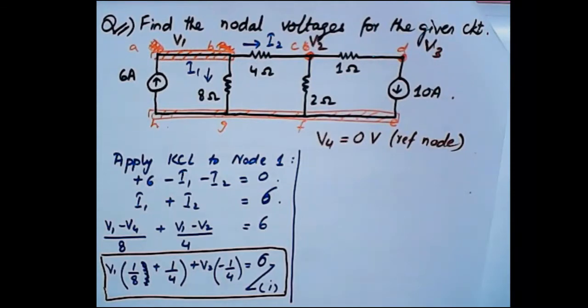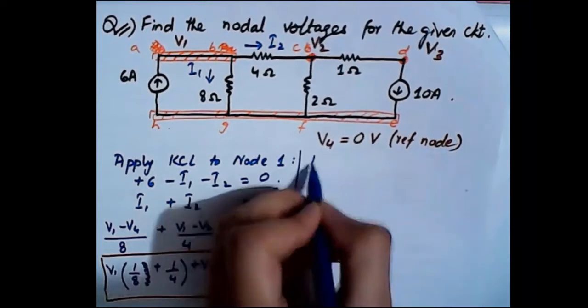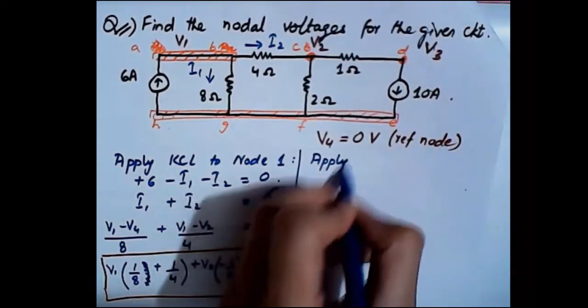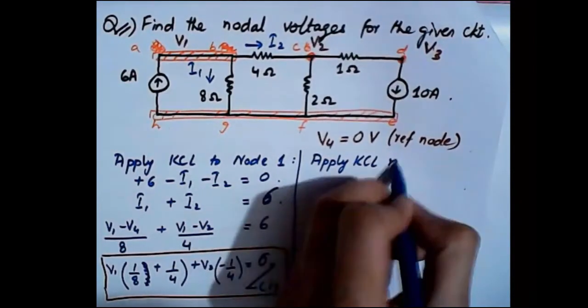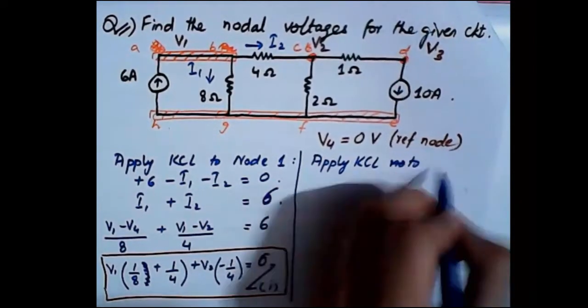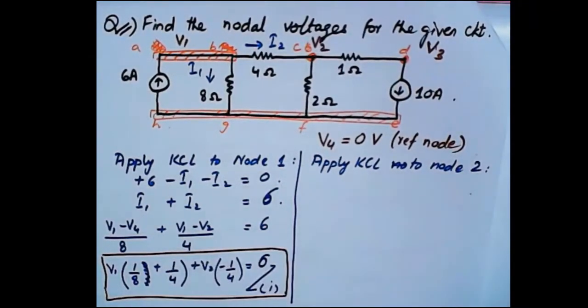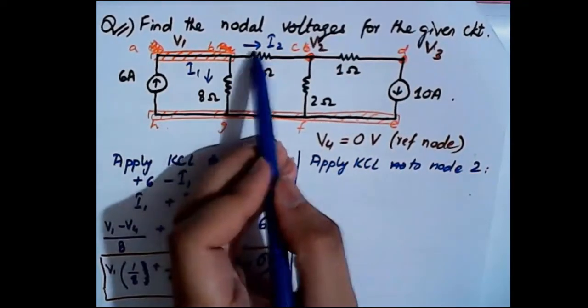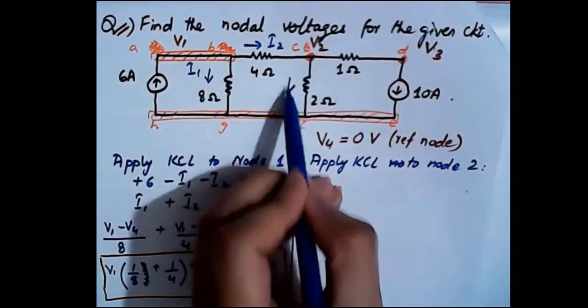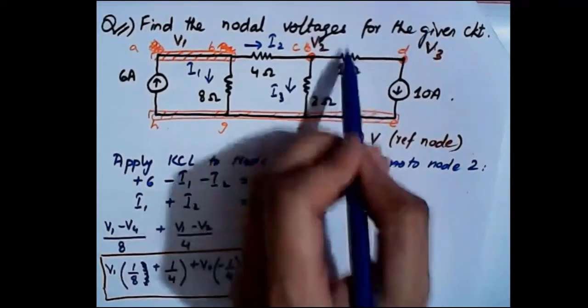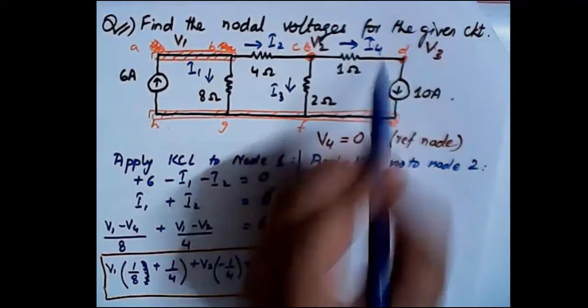And now what we are doing is applying KCL to node 2. Again, you can see that we have marked the current I2, but the remaining currents are unmarked, so let's mark them as I3 and I4.